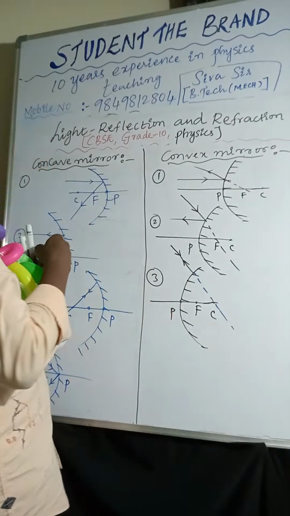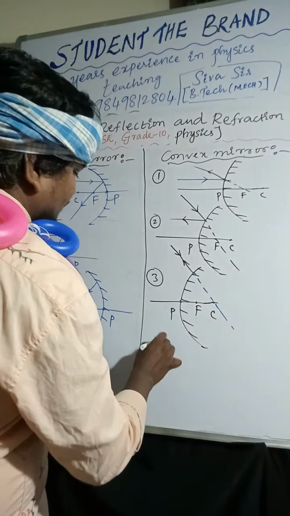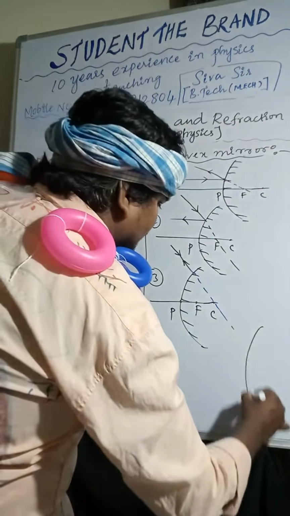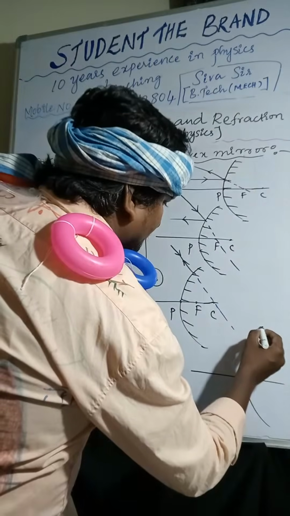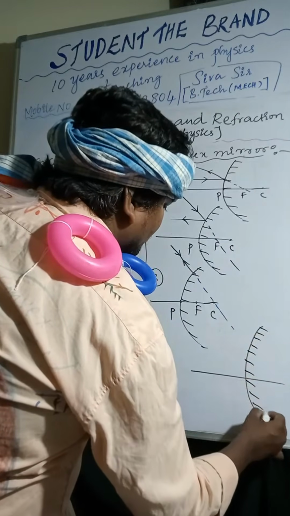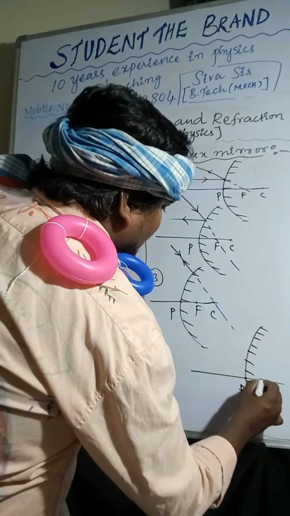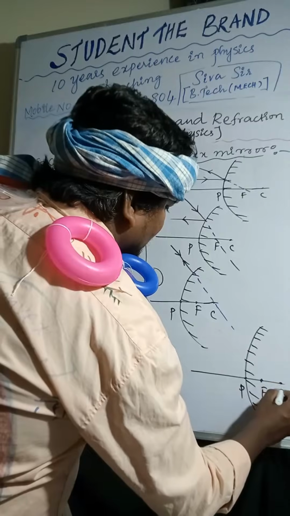Coming to the fourth one, convex mirror. Pole, focus, center of curvature.